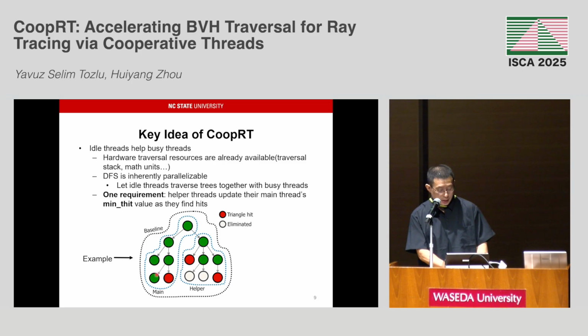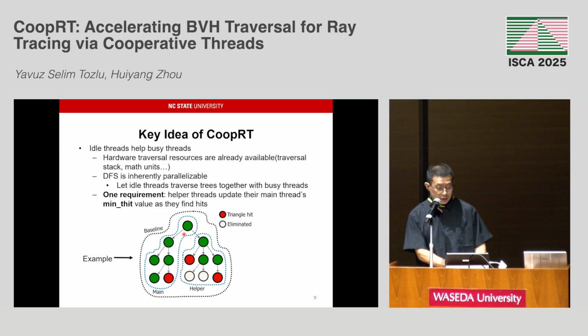Assume this is a tree, and we perform this depth-first search. Just a quick recap of depth-first search: when we check a node, we check whether its children need to be checked for intersection, in terms of hitting that object or not. And if they do have a hit possibility, then we push them into a queue.